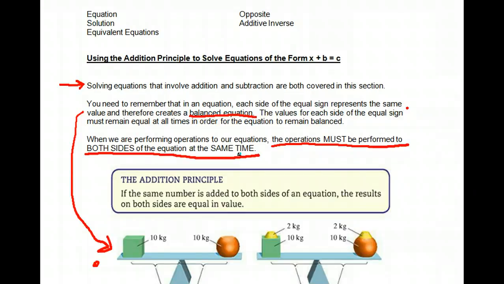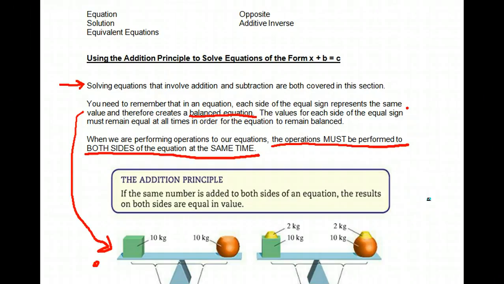So that leads us to the addition principle that tells us that if the same number is added to both sides of an equation, then the results on both sides are equal in value. Similar to the addition principle would be the subtraction principle of equality that would say that if the same number is subtracted from both sides, the results are similar in value.